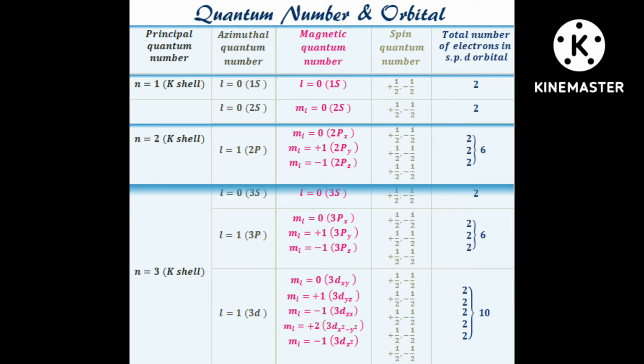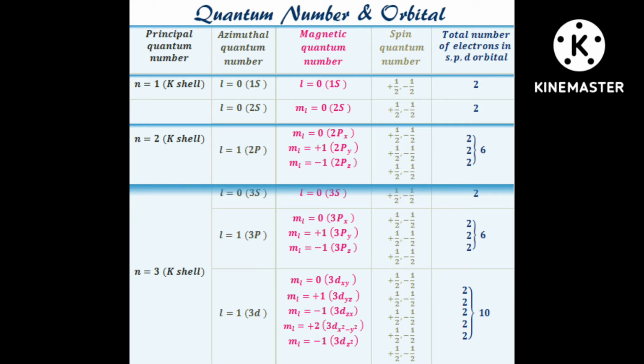Size of an orbital, I already told you, increases with increase of principal quantum number n. In other words, the electron will be located away from the nucleus. As the size increases, the electron will be far.